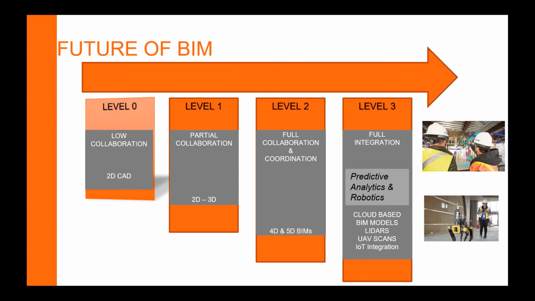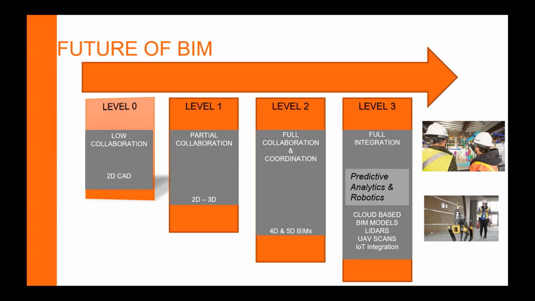And at level 2, which most of the industry is utilizing, there is 4D and 5D BIM utilization, with full collaboration and coordination, and we are moving towards level 3. There are some companies out there whose maturity level is already at level 3. It becomes a fully integrated, cloud-based model.